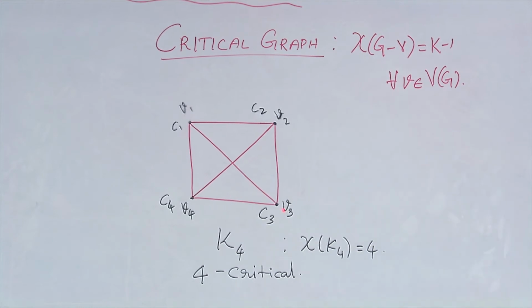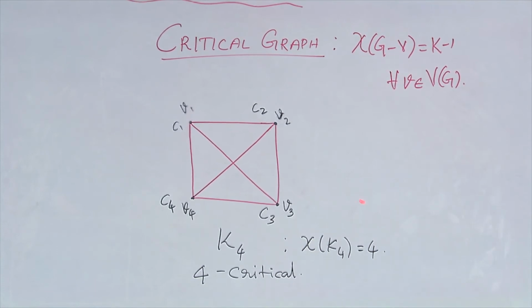For example, if I remove this vertex V3, it will become a K3. This vertex will go off and the edges incident on it will get removed, which means I will be left with only this K3, and there the chromatic number is 3. The chromatic number is also reduced by 1. If I remove V3, the chromatic number is 3.